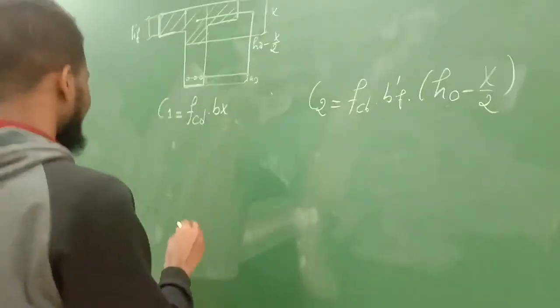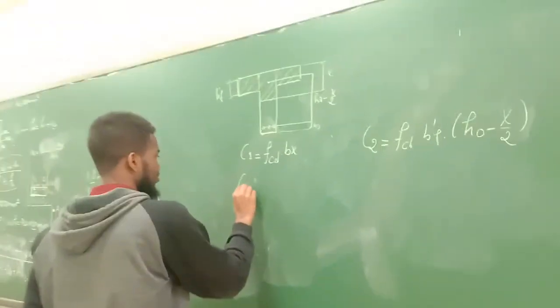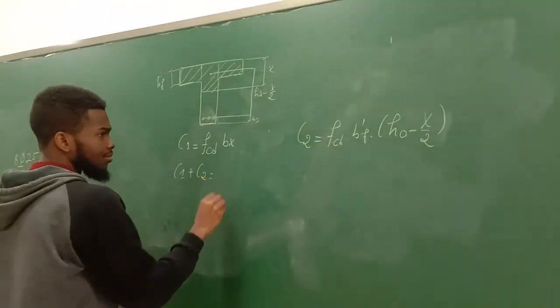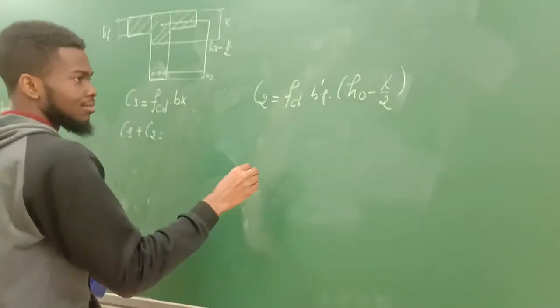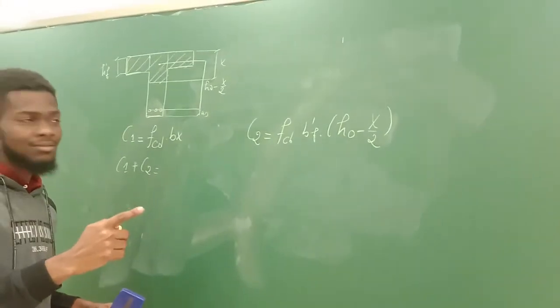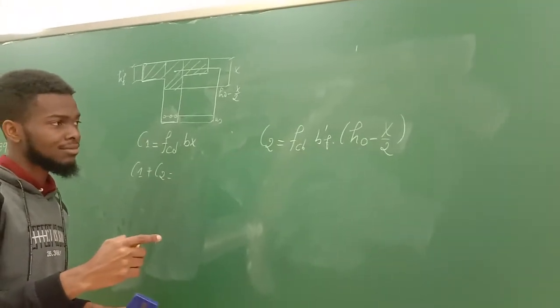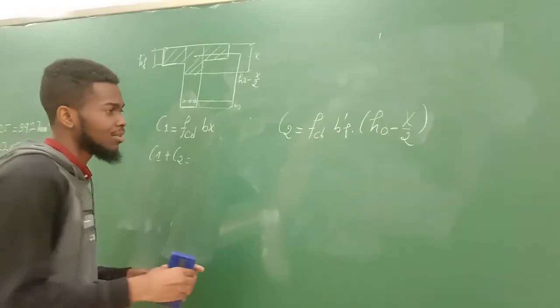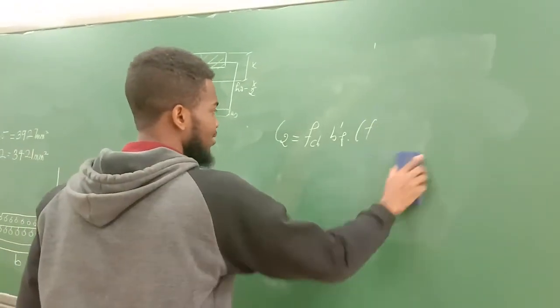So C1 plus C2. C2 is wrong. You see, H0 minus half x, what is that? C2 is a compressive force.